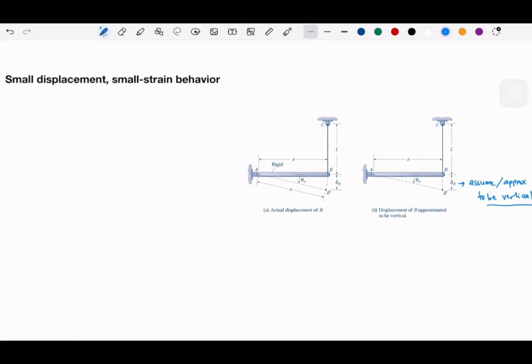So this is what I would like to write here. Since theta is very small, of course this is an assumption, we assume this is helping the design, then epsilon is also very small.